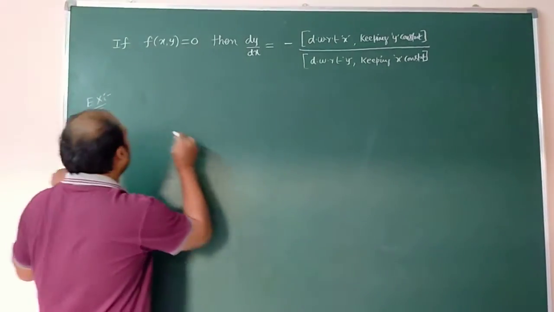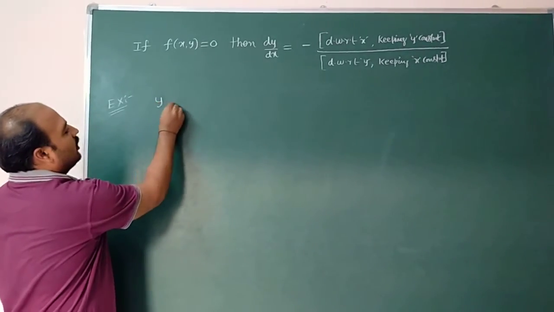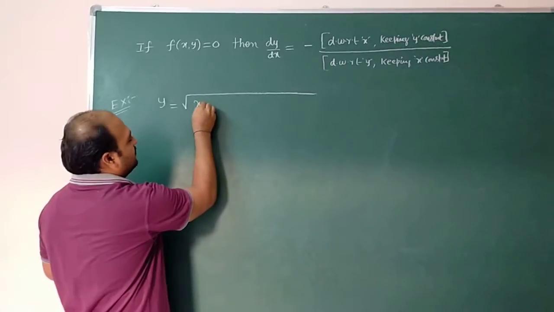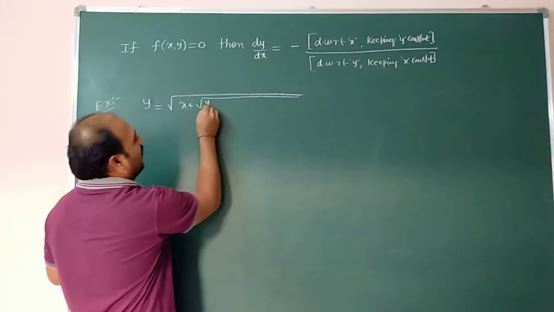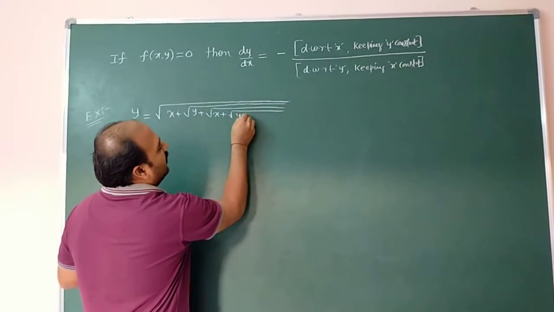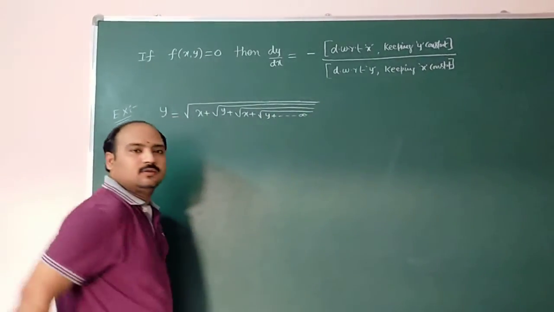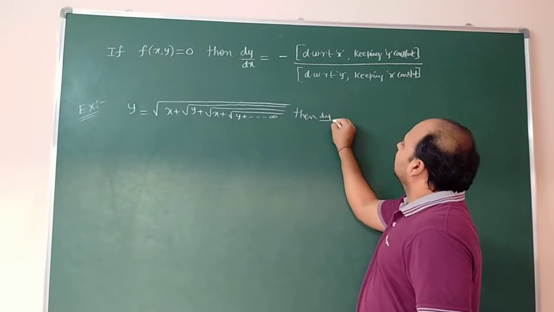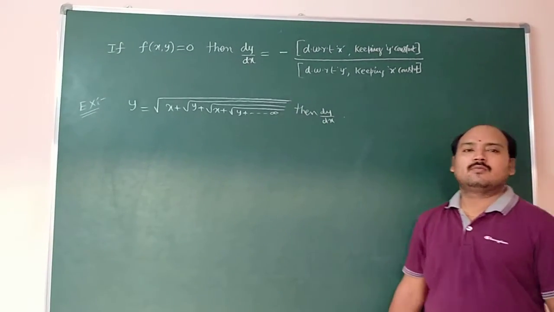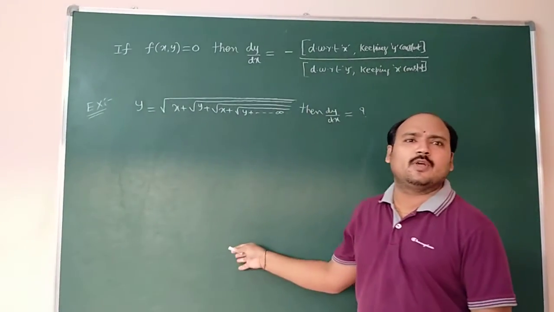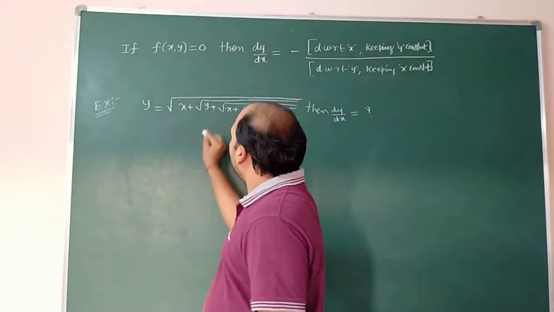One more example. y equal to square root of x plus square root of y plus square root of x plus square root of y plus and so on to infinity. Then dy/dx. How to calculate? What is the use of this shortcut formula in this? But you have to observe here.